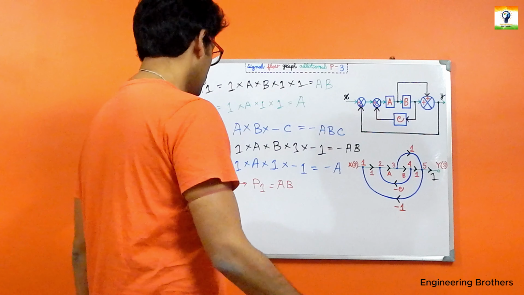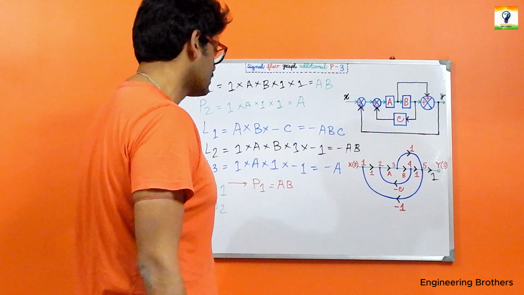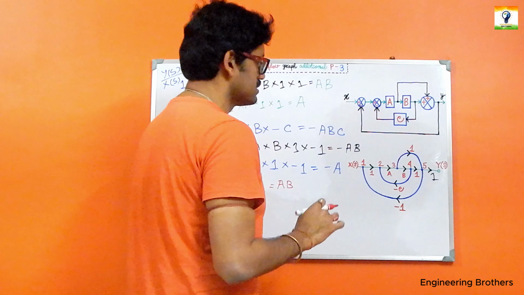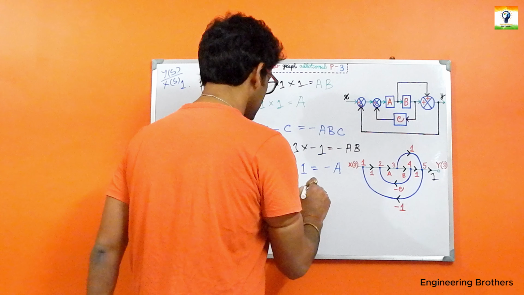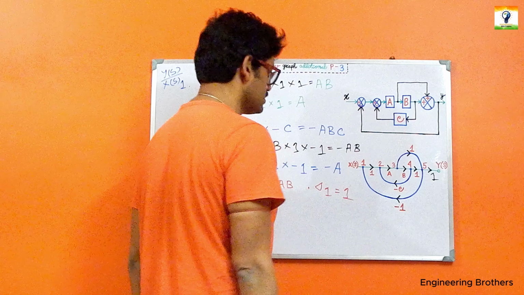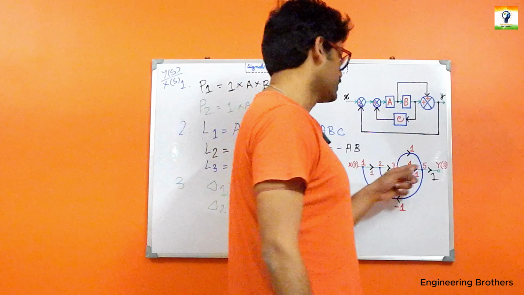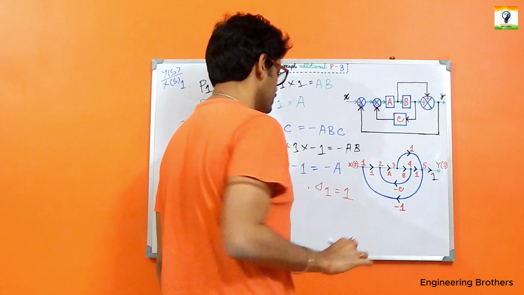In the current consideration, the forward path is touching all those loops. So the expression for delta 1 should be 1, because the forward path AB is touching all those loops.